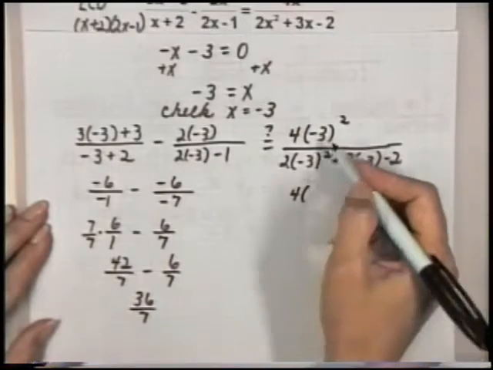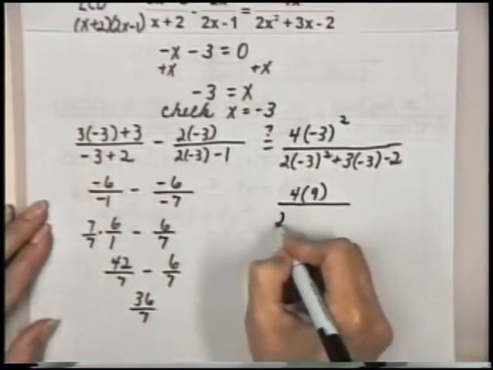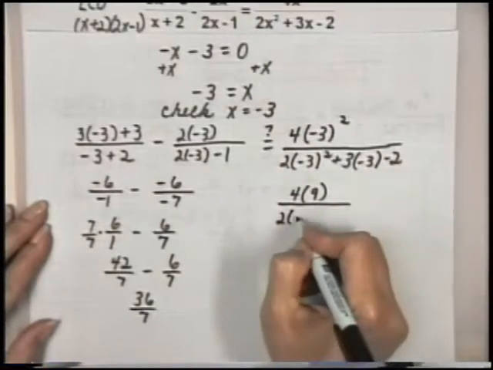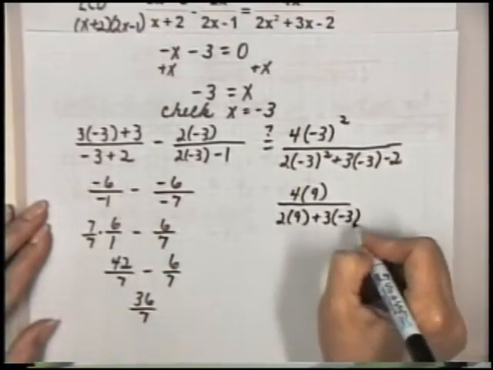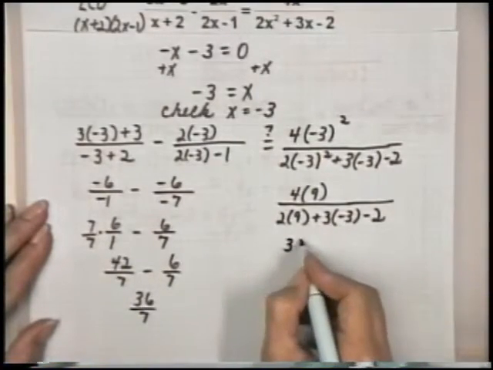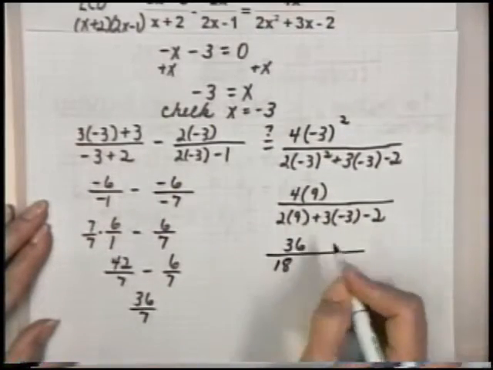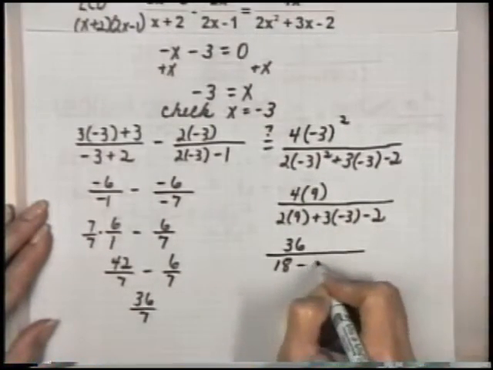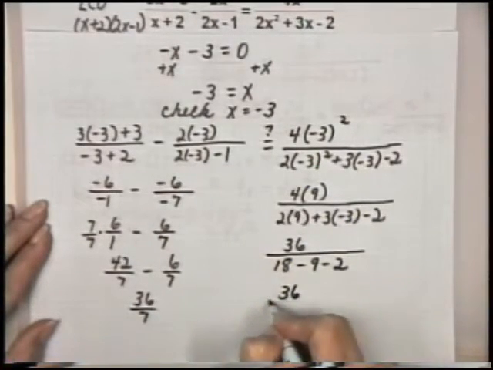Let's see what I get on the other side. I will have 4 times negative 3 squared is 9 over 2 times negative 3 squared is 9 plus 3 times negative 3 subtract 2. 4 times 9 is 36. 2 times 9 is 18. 3 times negative 3 is negative 9.